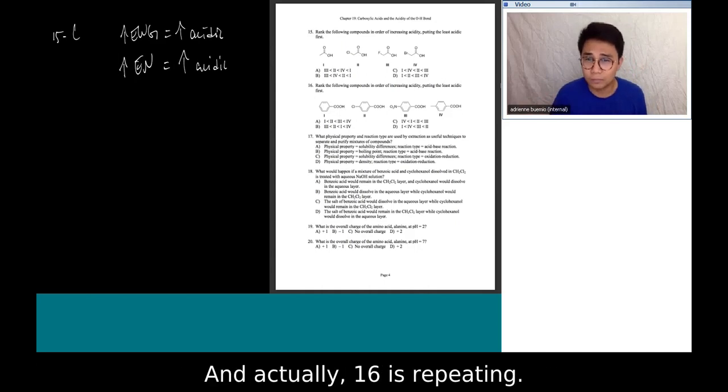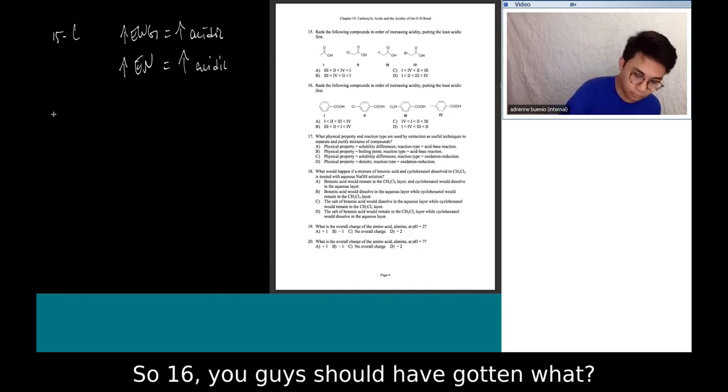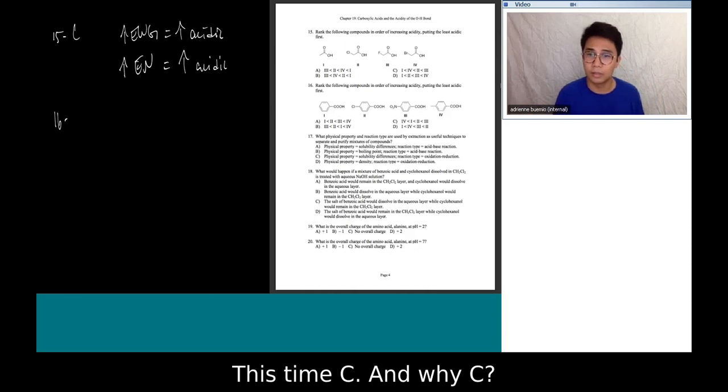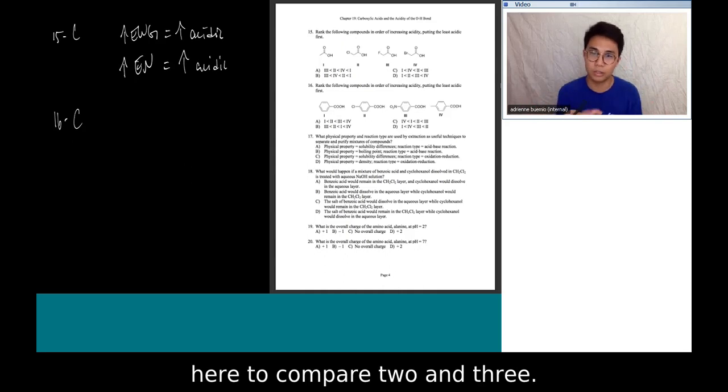And actually, 16 as well is repeating. Right? Rank the following compounds in increasing acidity. So 16, you guys should have gone what? This time, C, right? And why C? Because we're just here to compare 2 and 3, right?